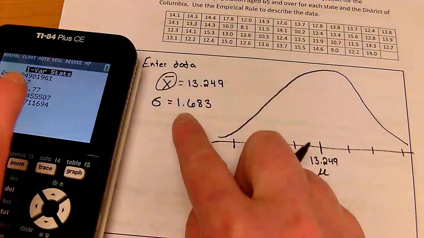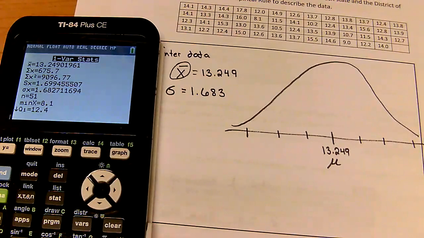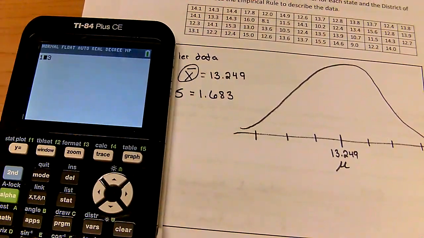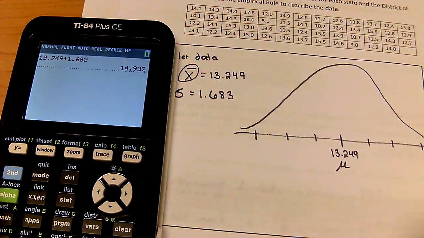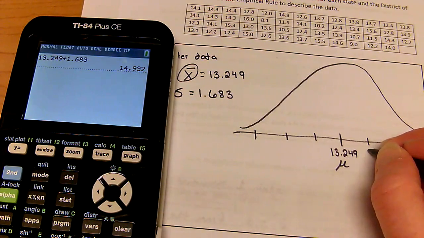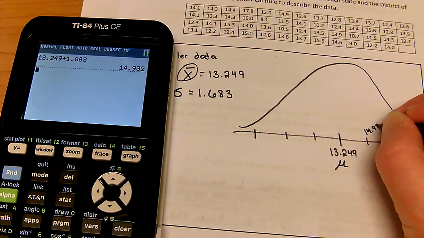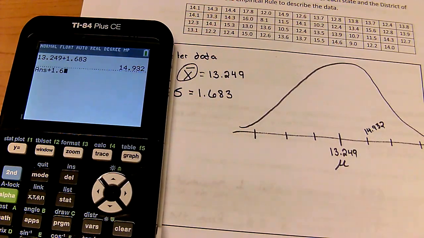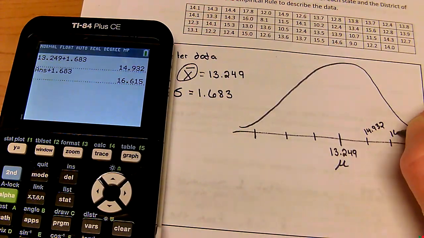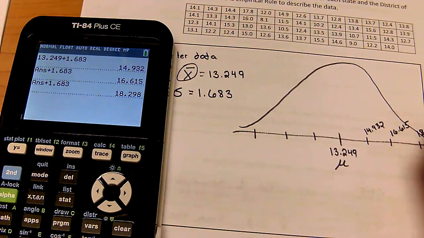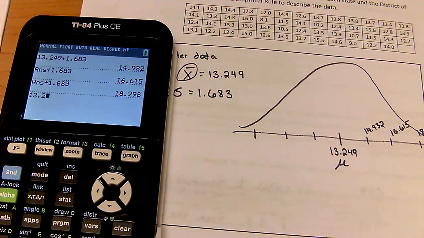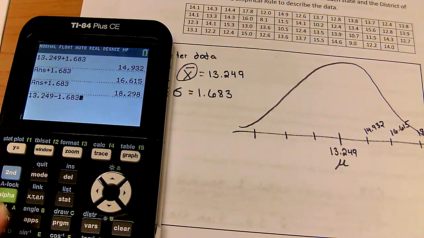I'm going to add that standard deviation each time. 13.249 plus 1.683 gives me this value right here, 14.932. If I add the standard deviation again, I'm at 16.615. If I add it again, I'm at 18.298. Now I could go the other direction. I'm going to take that mean and subtract the standard deviation.